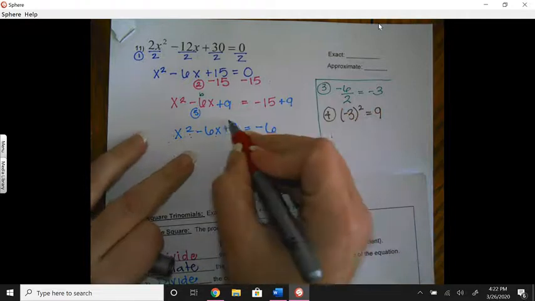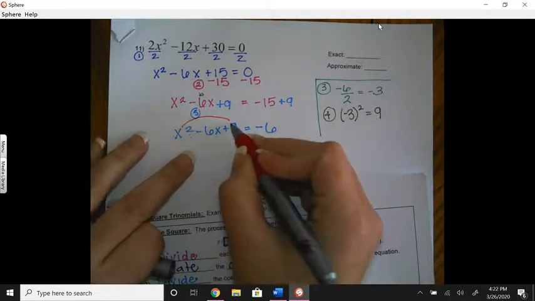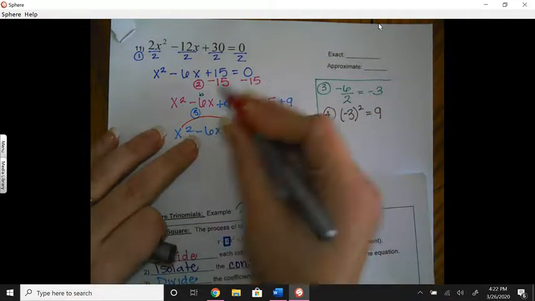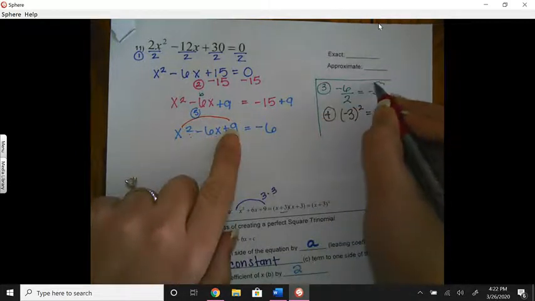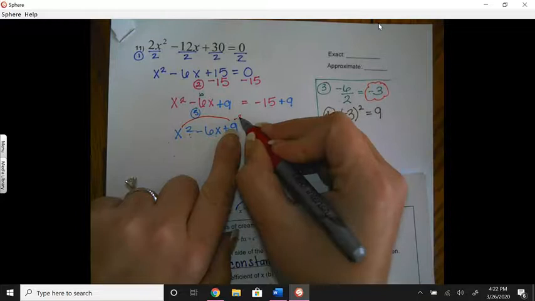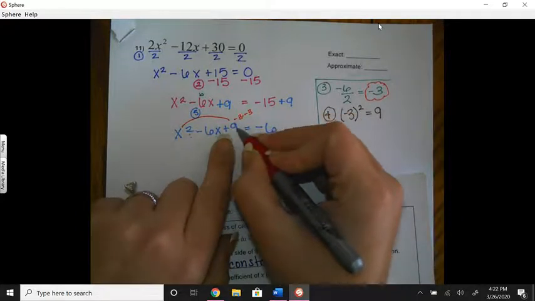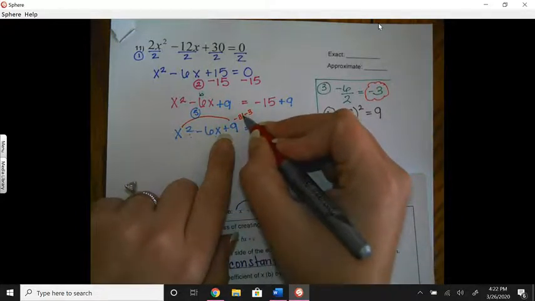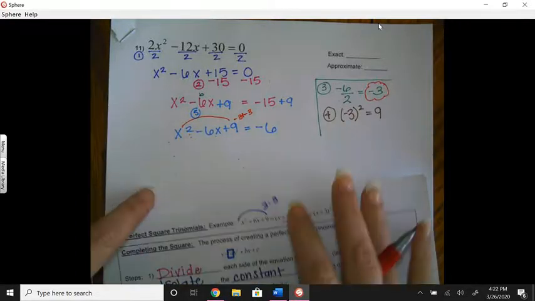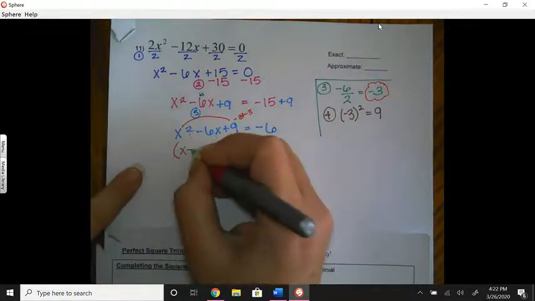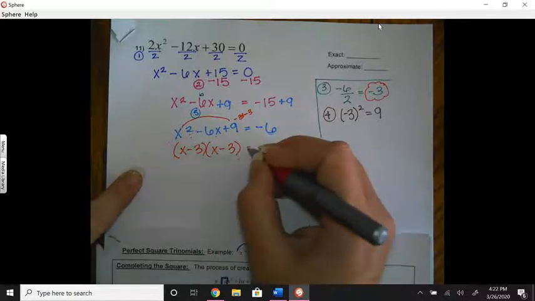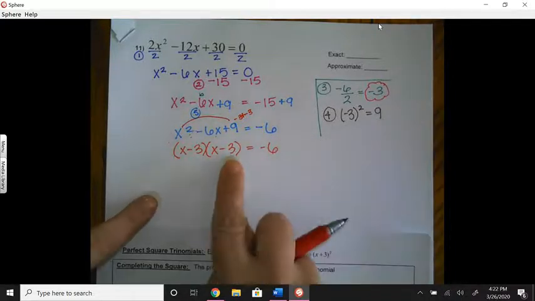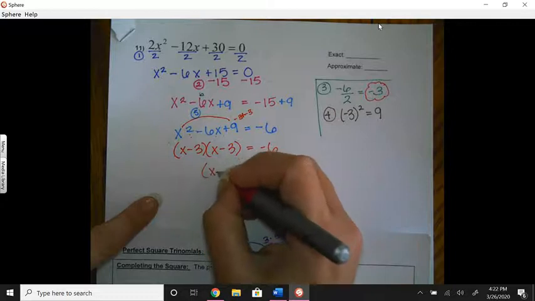So we have to think of what multiplies to 9 and adds to negative 6. And if we did all of this right, it should be this number right here. So negative 3 times negative 3 would multiply to 9 and would add to this number here. So that means we can write it as x minus 3 times x minus 3. And why did we want that? So that way we can write it as a square.